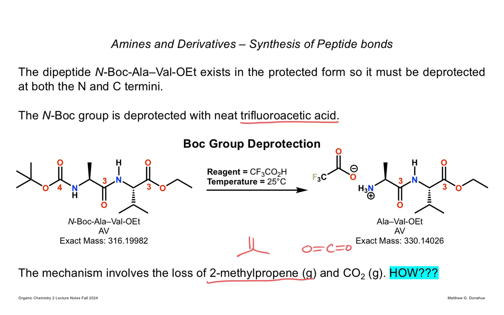So for a cheap way of demonstrating this, you can imagine the nitrogen being protonated. And then a base would abstract this proton to do an elimination. And so that's how you'd form isobutylene and CO2 gas.